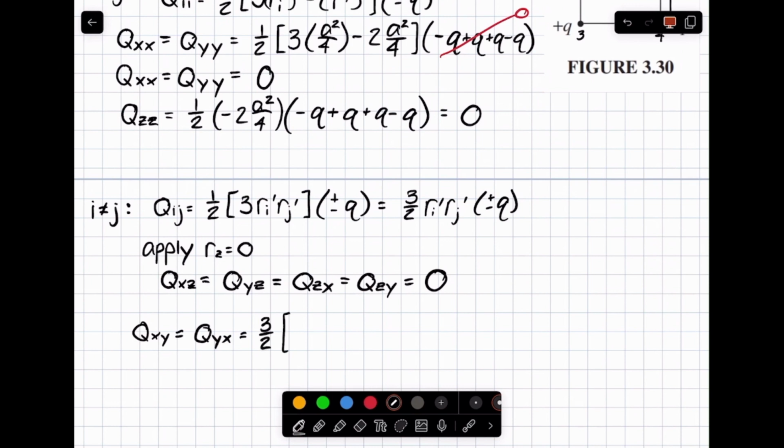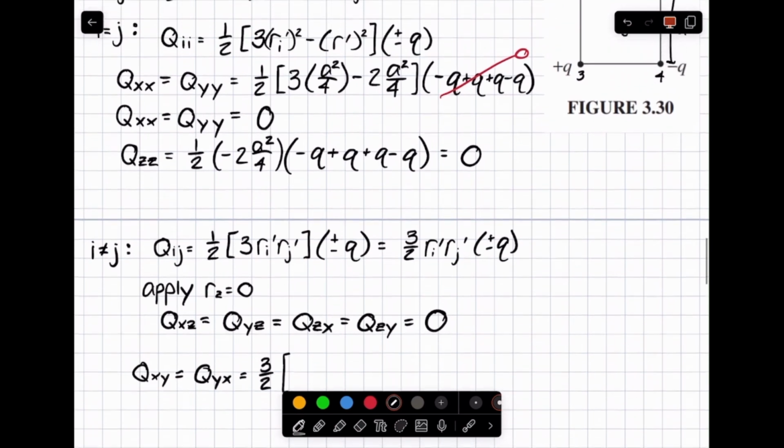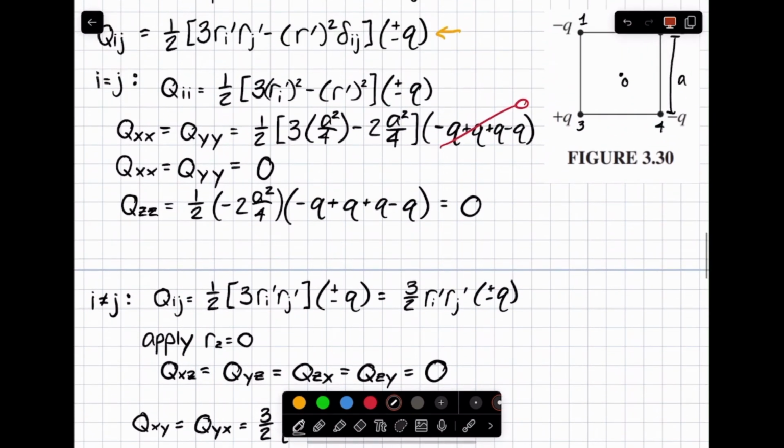Now this 3/2 is going to be there for all of our point charges, but the r_i, r_j, and the plus or minus q is going to change depending on what point charge we're looking at.